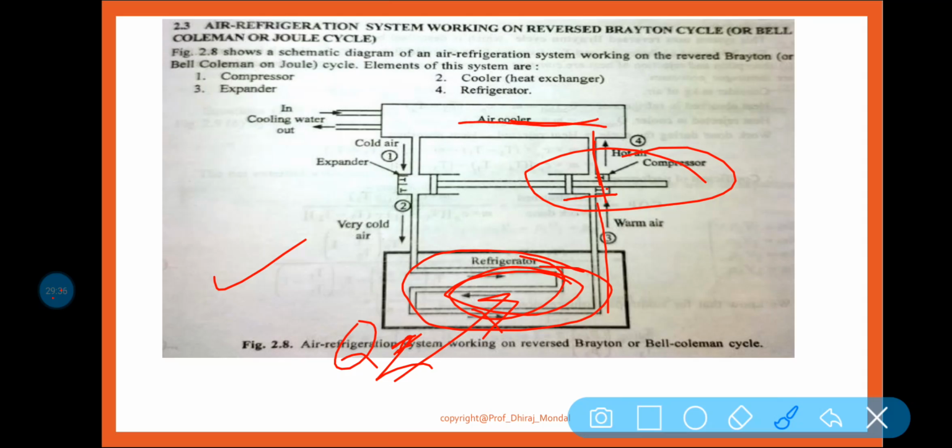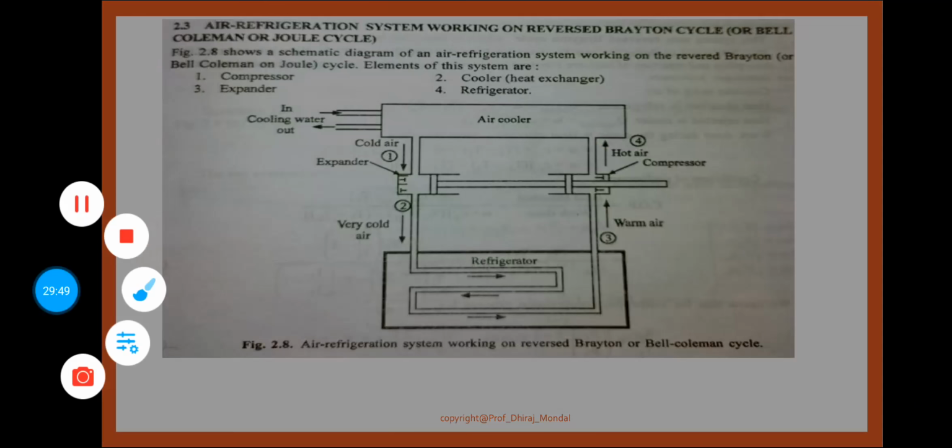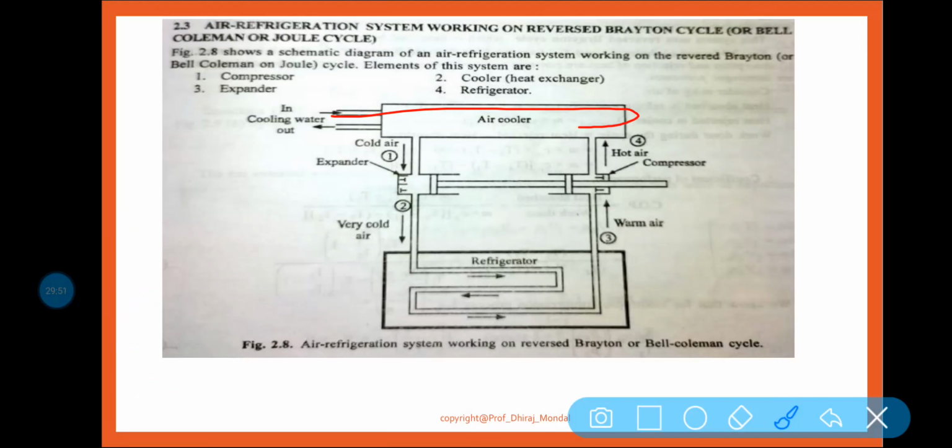Now by the help of heat exchanger or condenser, it is condensed, by the help of this cooling water. So the cooling water is entering into the system like this, and it is coming out. So low temperature water is coming into the system, it is taking some heat, and the air is again cooling down.